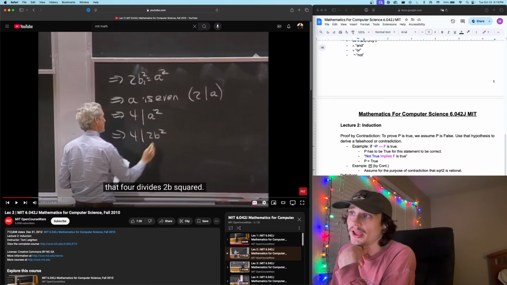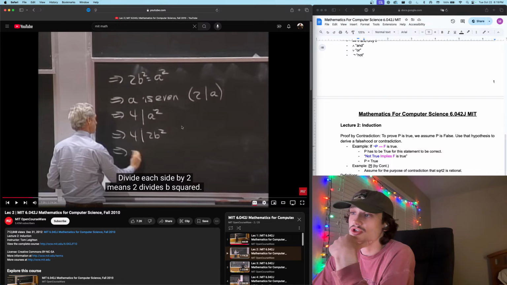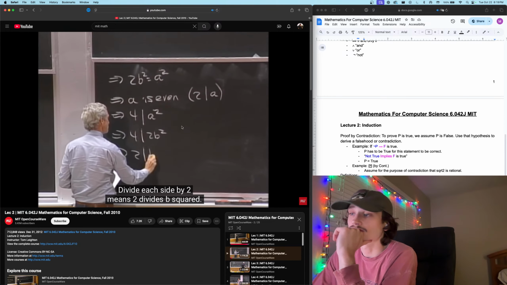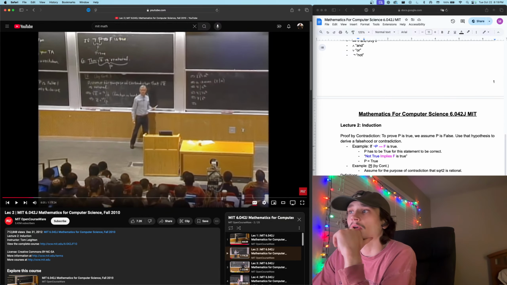Well, also A squared is equal to 2b squared. So A squared can be represented as 2b squared. So 4 divides 2b squared, right? And then divide each side by 2, which means 2 divides b squared. What does that imply about b? 2 divides b squared. B is also even.